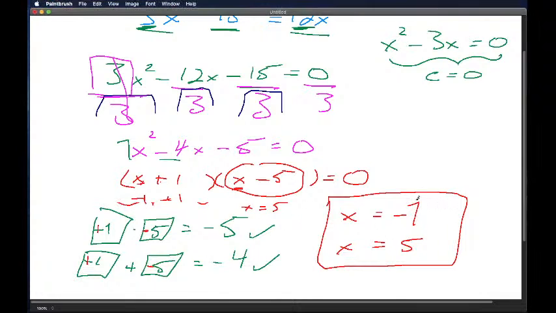Luna, I got -1 here. -1 and 5. And Maria, you have to tell me which test you're talking about. I'll open up one of the old tests.